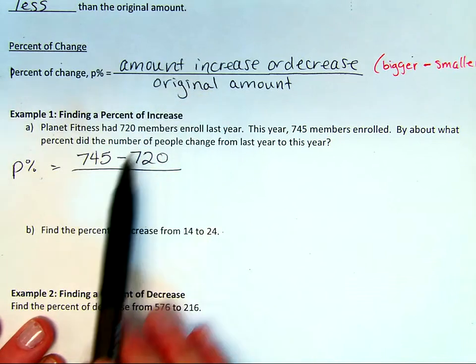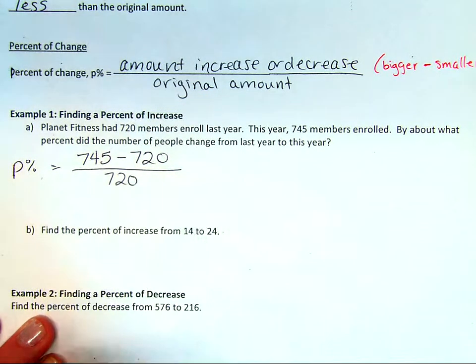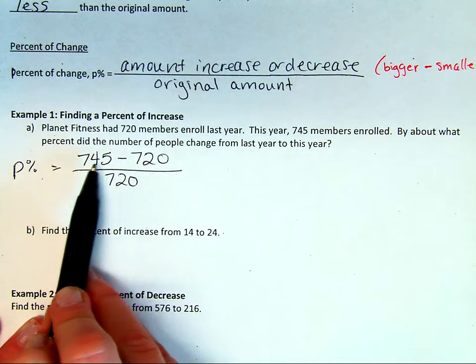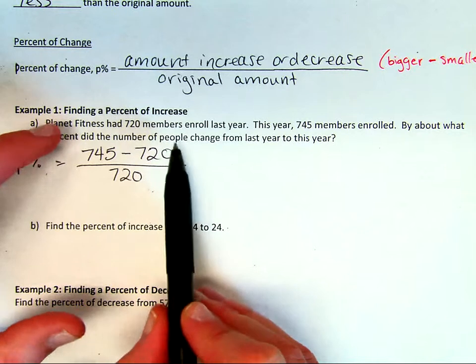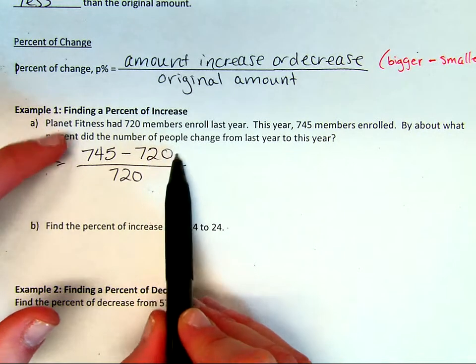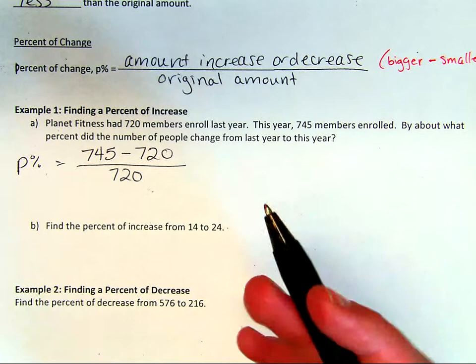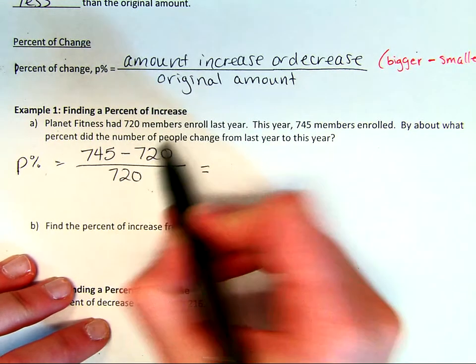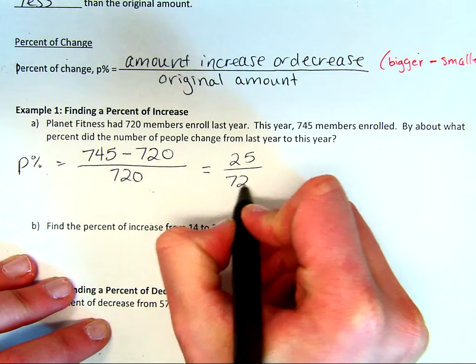So like what did Planet Fitness originally have, or how many members? 720. So I'm going to use order of operations and do what's on top first, because when I have a fraction bar, with the numerator and denominator, it's almost like there's grouping symbols here. You do the numerator and denominator first, and then you divide. So this is going to be equal to 745 minus 720 is 25. And then I have to divide that by 720.